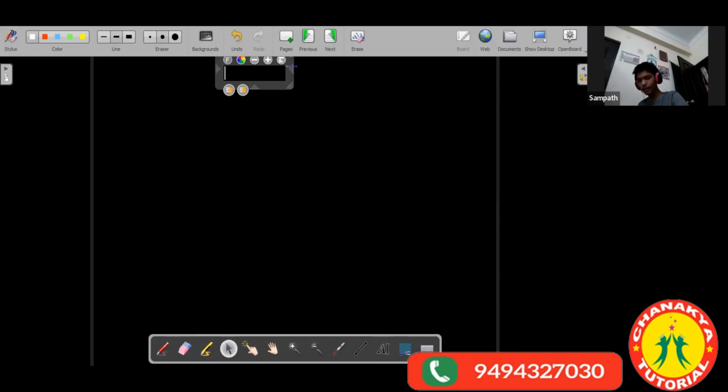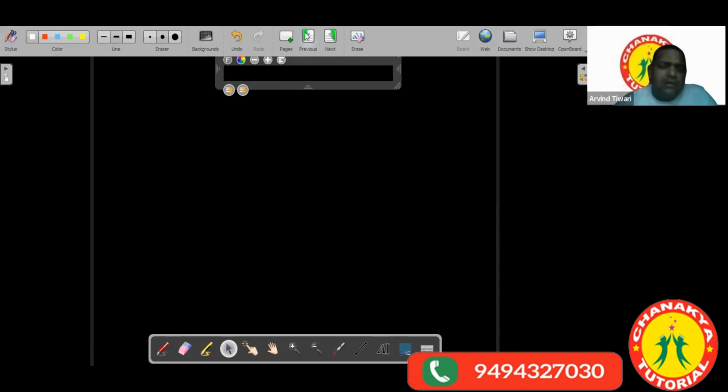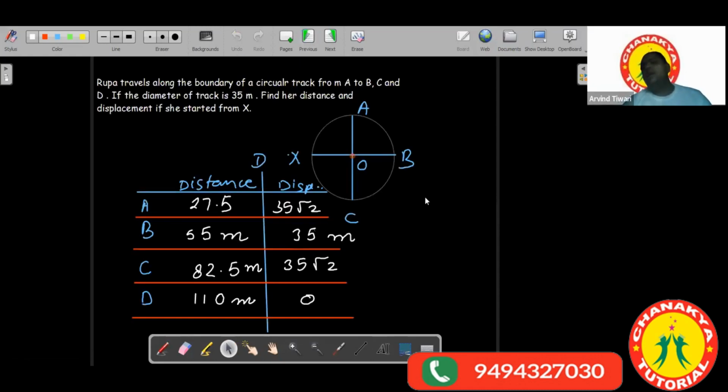Sir, in the previous question, why did we get 35 root 2? Not 35 root 2, you will get 35 over root 2, I think. 35 is the diameter. Yes, sir. So again, I took the radius as 35.